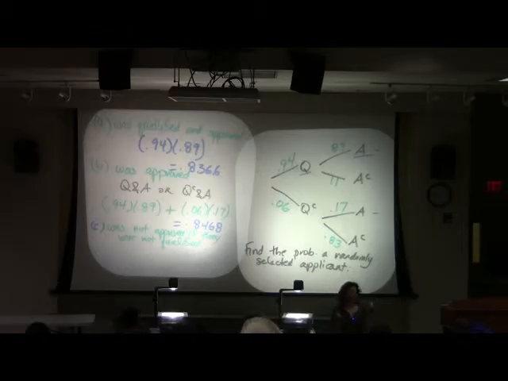When you see the word if, you're either inside going to jump for joy because it's just reading the tree, or you're going to have to do Bayes' theorem. Okay? Let's see what we're going to have to do and how we can tell. Well, what do we reduce our sample space down to in this particular case?